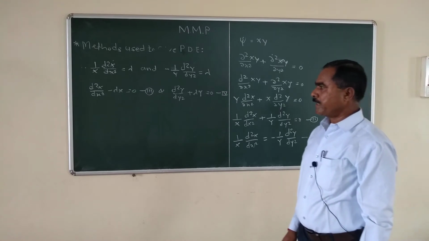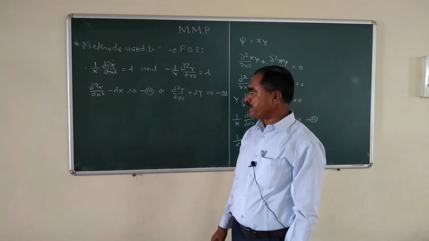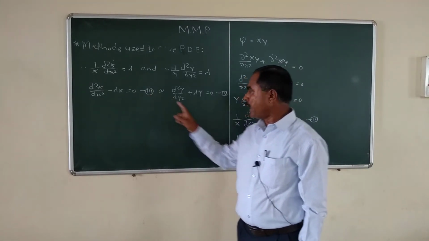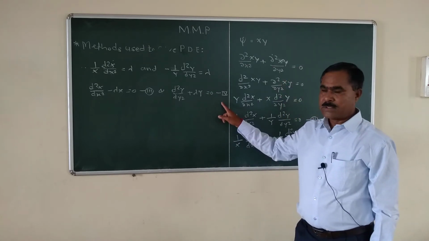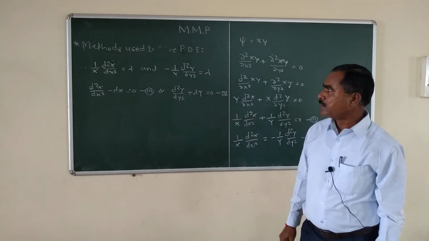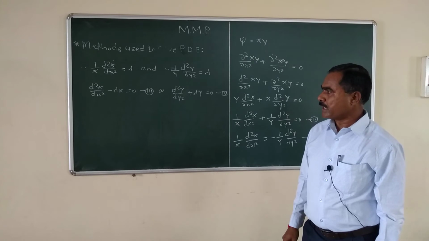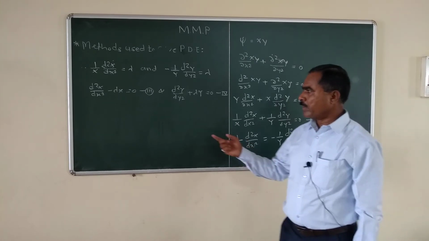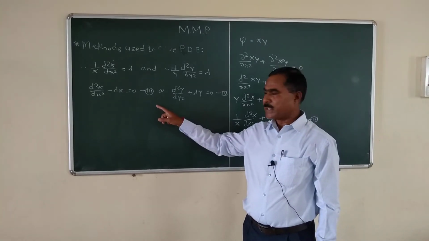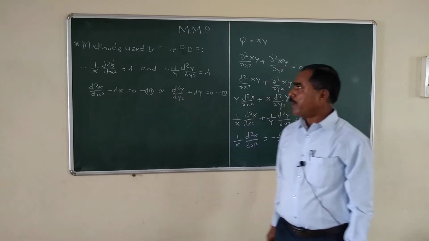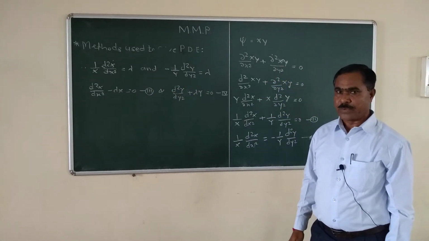Thus here we get two ordinary differential equations shown by equation 3 and equation 4. Hence we can say that the partial differential equation can be converted into two ordinary differential equations by using the method of separation of variable.